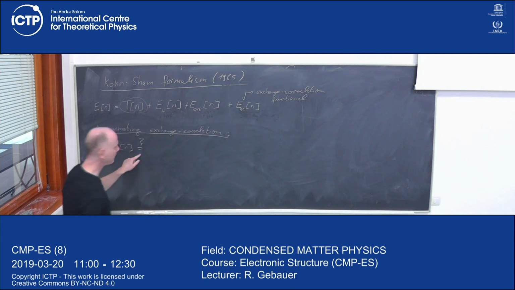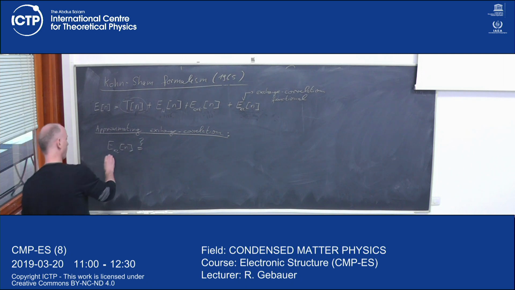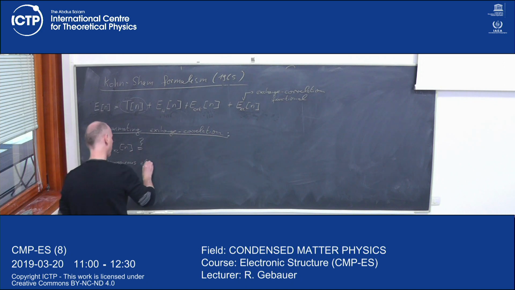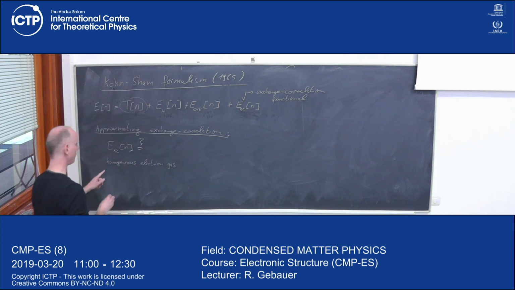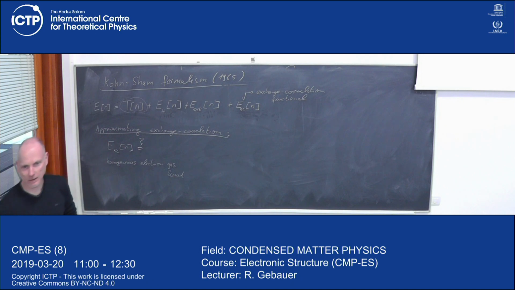So the key to the success of these approximations is to look at something which is called the homogeneous electron gas. Sometimes it's also called the homogeneous electron liquid. It depends on what the density is, high density or low density.